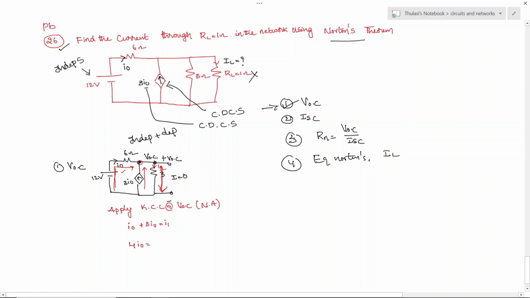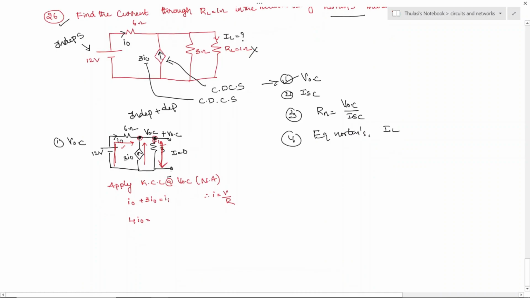How to write down the current? We have the formula for current, I is equal to V by R. The voltage at this point is positive and the current is leaving, so I can write this as VOC minus 0 divided by the resistance of the branch, which is 3.